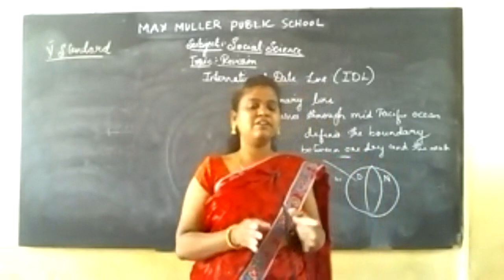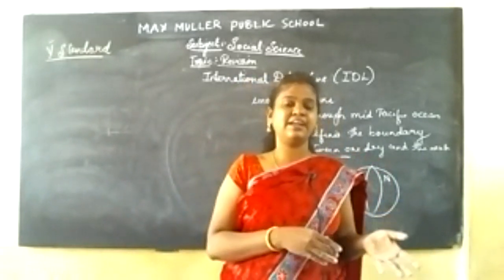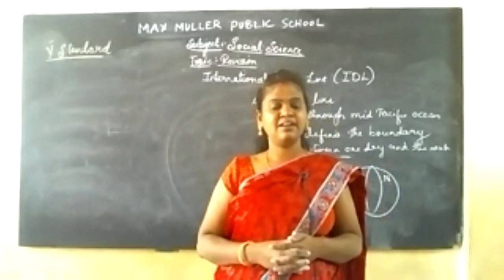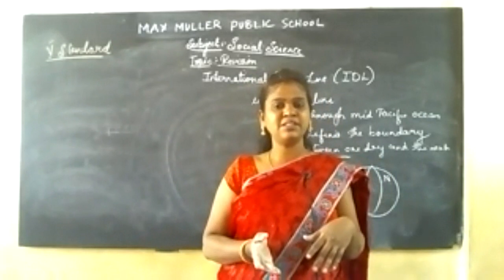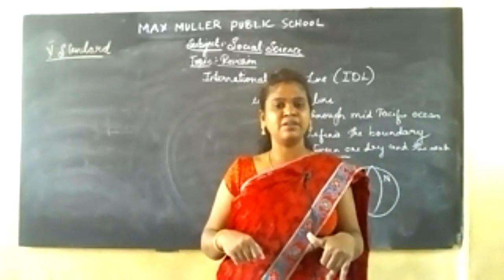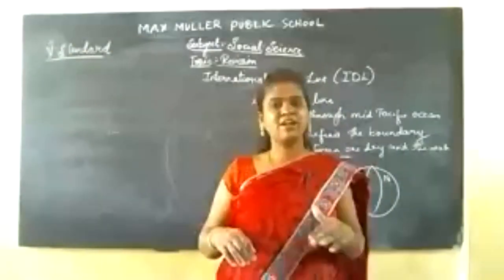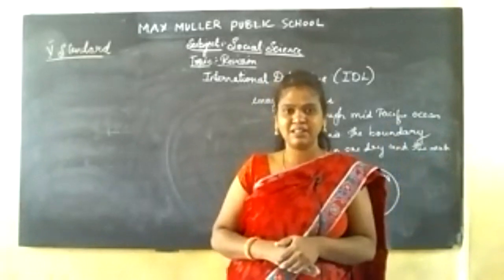Now suppose North America is facing night and India is facing morning. When we go to the next day, when India is facing night, America becomes morning. America will be facing the morning.